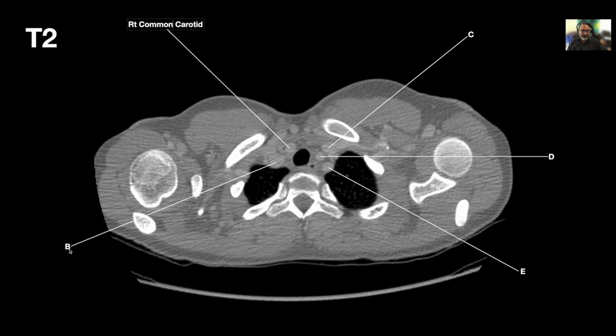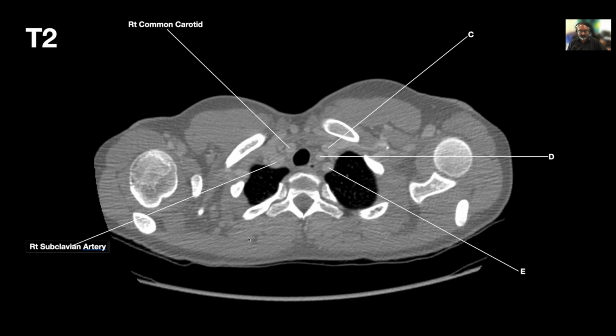I'd say right subclavian. Yep. C. Just trying to think. Yes, right subclavian artery. Common carotid is an artery, but yes. Subclavian artery.